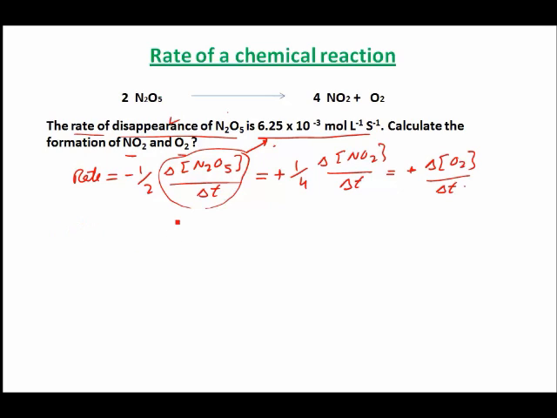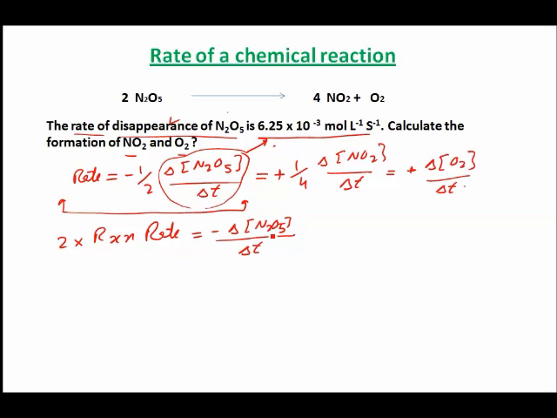Let's first calculate the reaction rate. We can do so many things from this particular example. You can see here the reaction rate has 1/2 in this one, so can I say it is 2 times the reaction rate, that will be minus change in concentration of N2O5 by delta T?